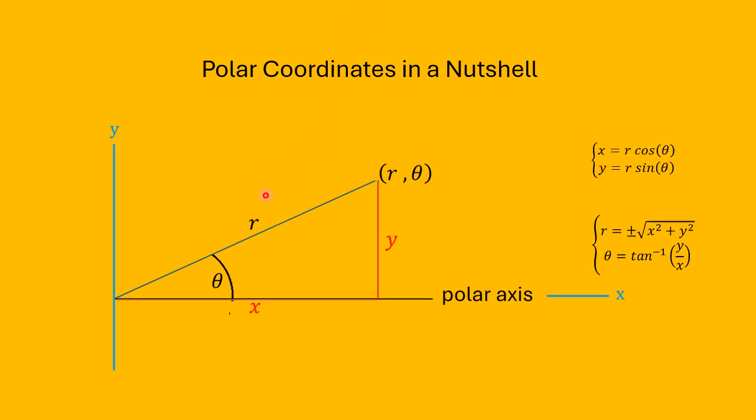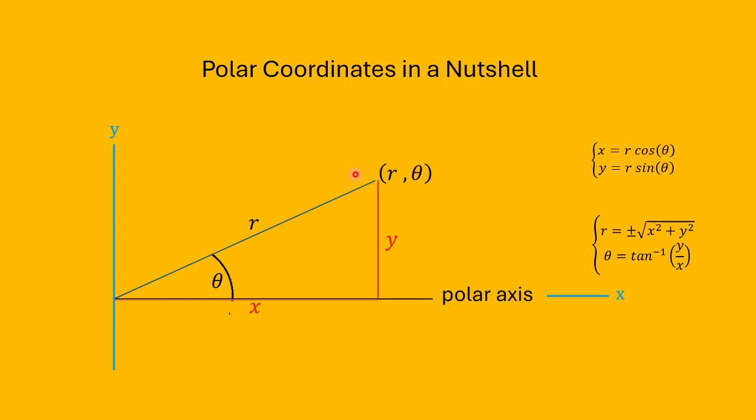In this setup, there are relationships between the coordinates r and theta in polar coordinates and the rectangular coordinates x and y. They are given over here. First of all, by looking at this right triangle, we drop a perpendicular down from the point r theta to the x-axis, and let this distance be y, let this distance be x, and let this distance be r.